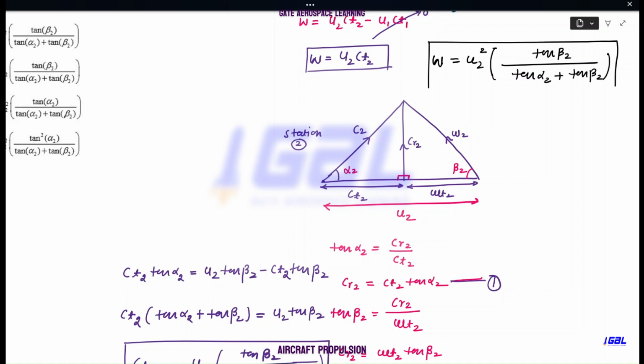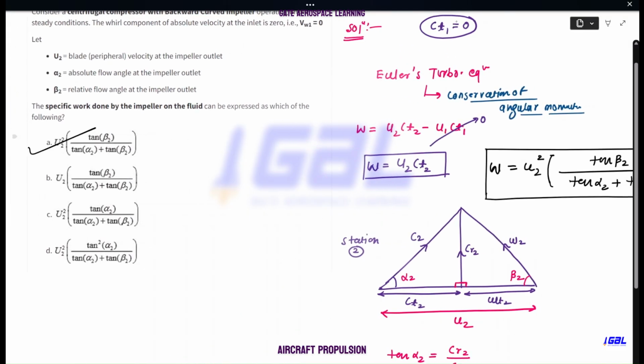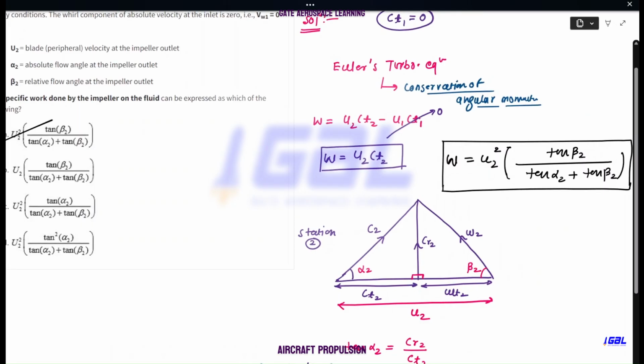So we have arrived at the expression for calculation of specific work in terms of blade velocity at the impeller exit and alpha 2 and beta 2, right? So I hope it is clear, and option A is correct, right? Option A is matching.